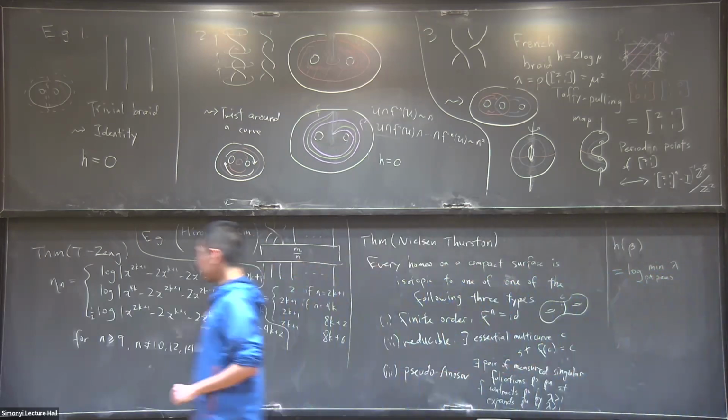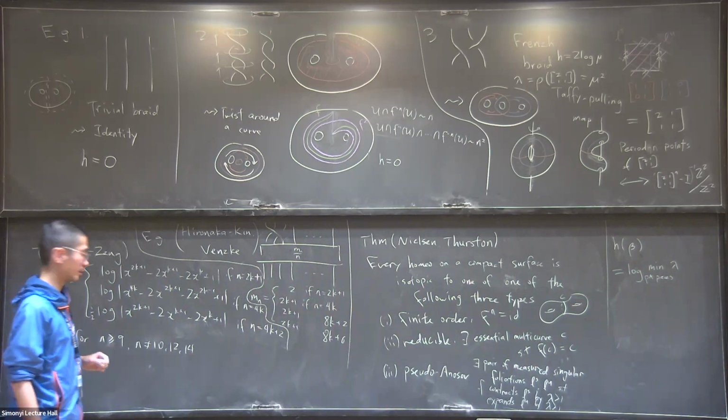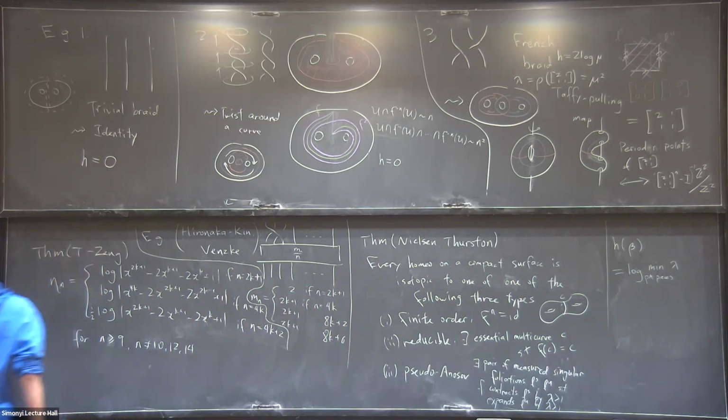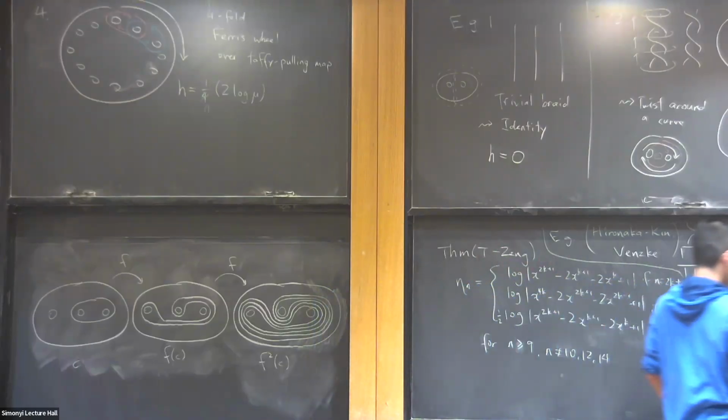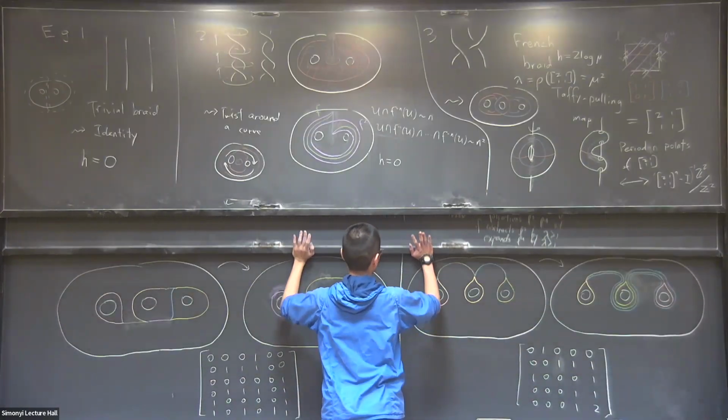And one thing that's true about pseudo-Anosov braids is that there's this technology of train tracks. And that's what the picture I've been drawing is supposed to show you. So let's consider the taffy pulling map.